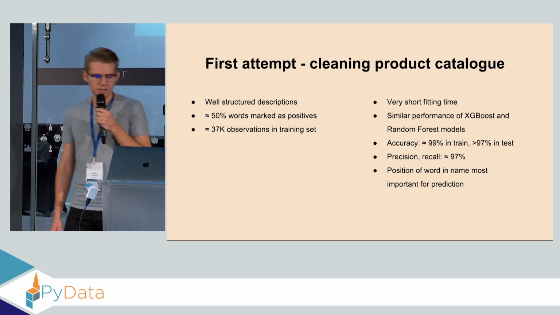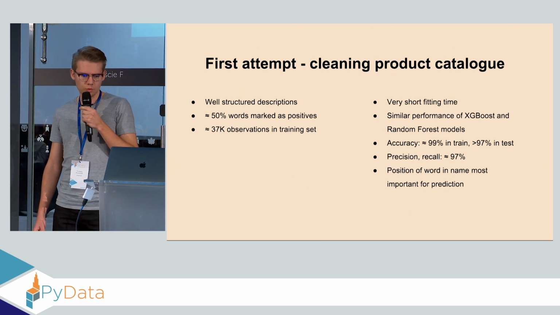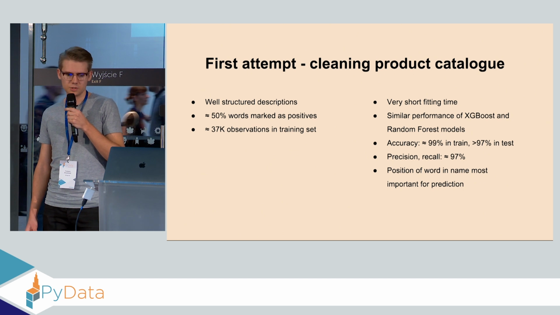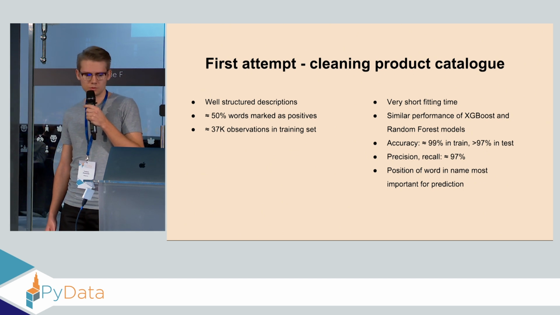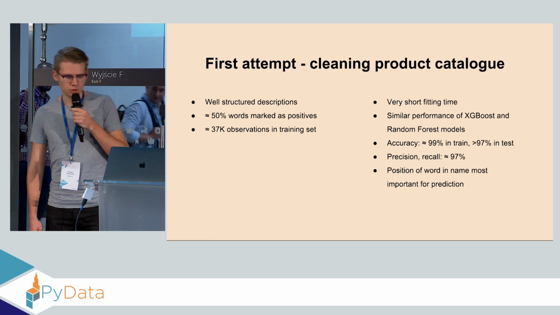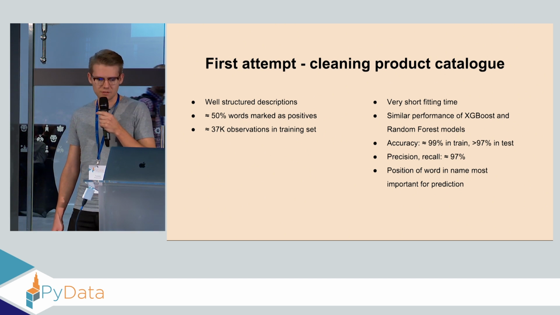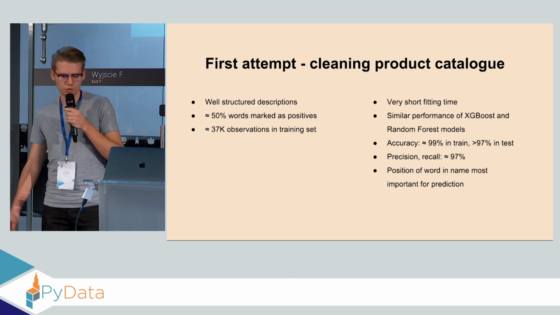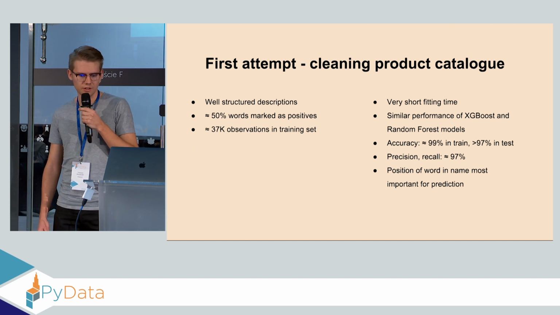So when we used this, we had a balanced data set, because roughly half of the words were actually the words that we are looking for, and we had just 37K observations looking at word level.